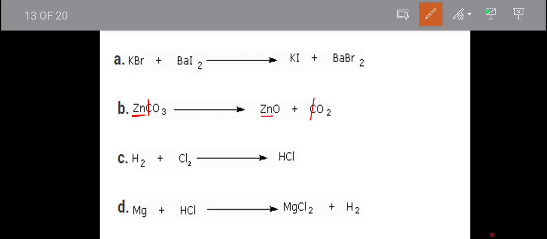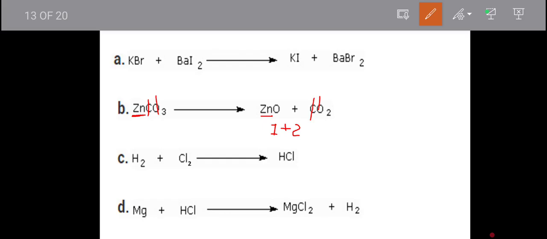Carbon is also balanced. Now O3 means 3 oxygen is there. Here you can see 1 oxygen, plus 2 oxygen here. So 1 plus 2, 3. So in this equation, the number of all the atoms on the reactant side and the product side are equal, right? So we can call it a balanced equation.